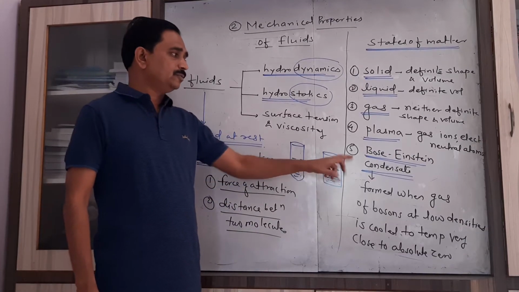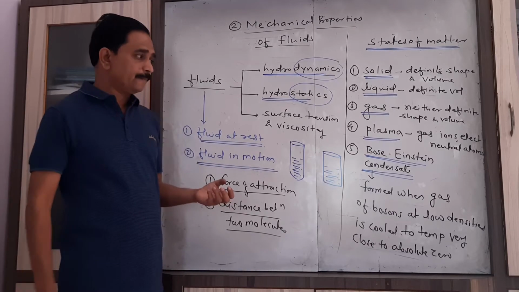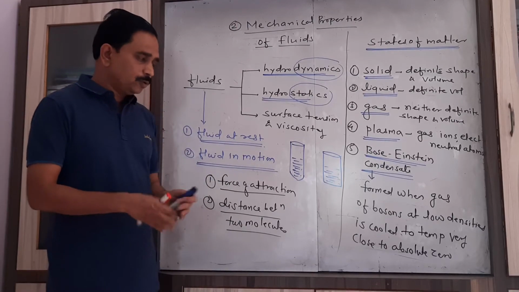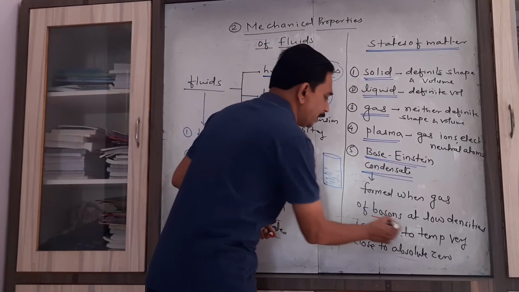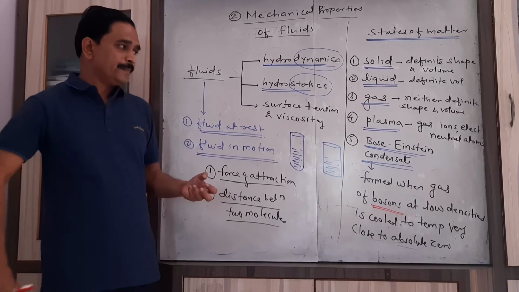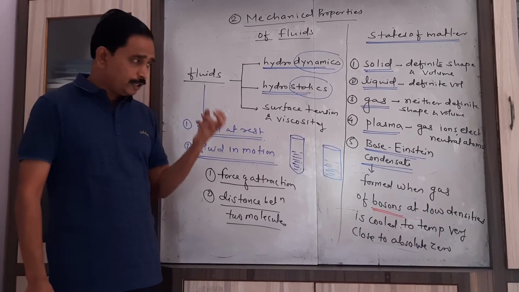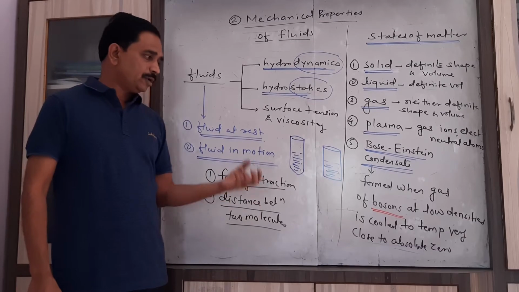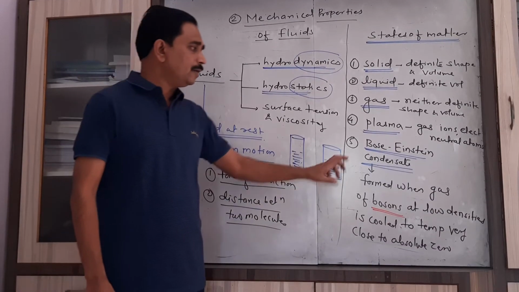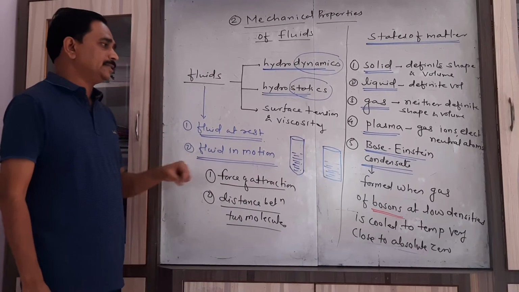Now the fifth state is the Bose-Einstein condensate state. This is the state which is formed when a gas of bosons, a type of particle like proton, neutron and electron, is considered at low density and cooled to a temperature very close to absolute zero. Then we have the state called the Bose-Einstein condensate state.